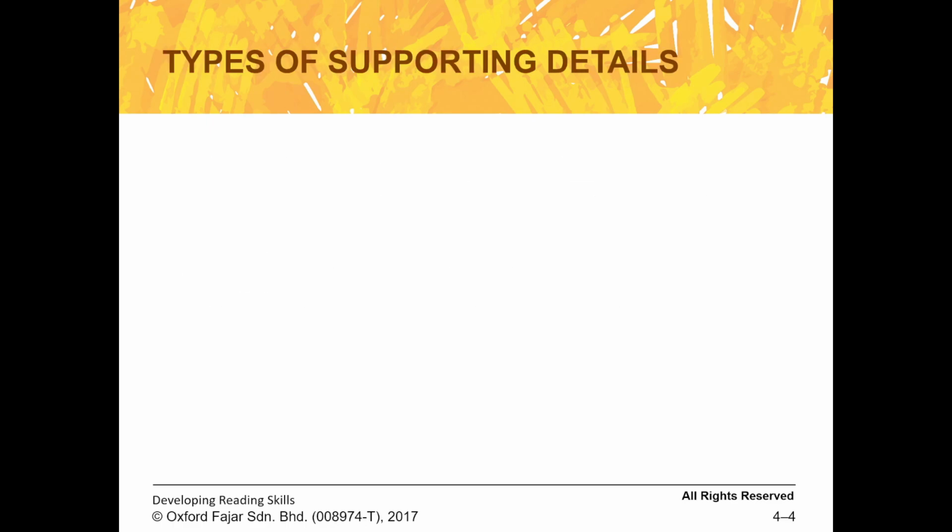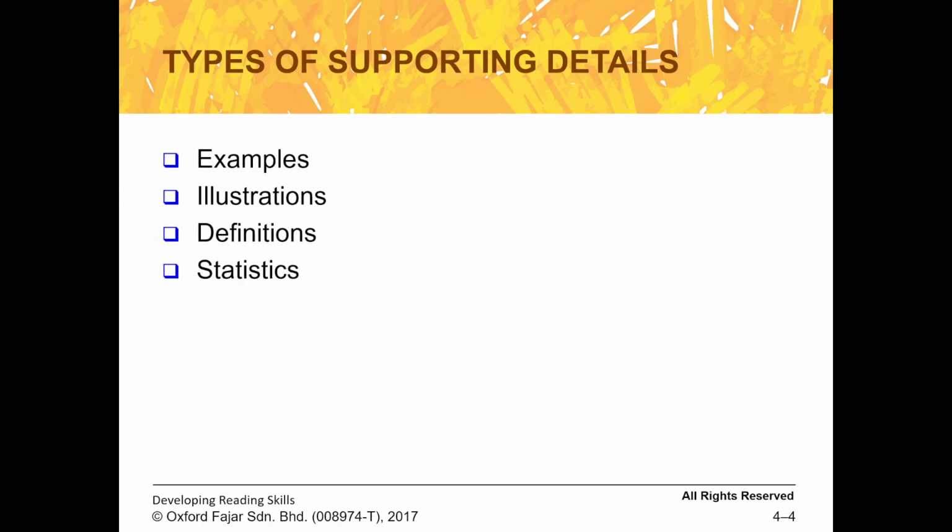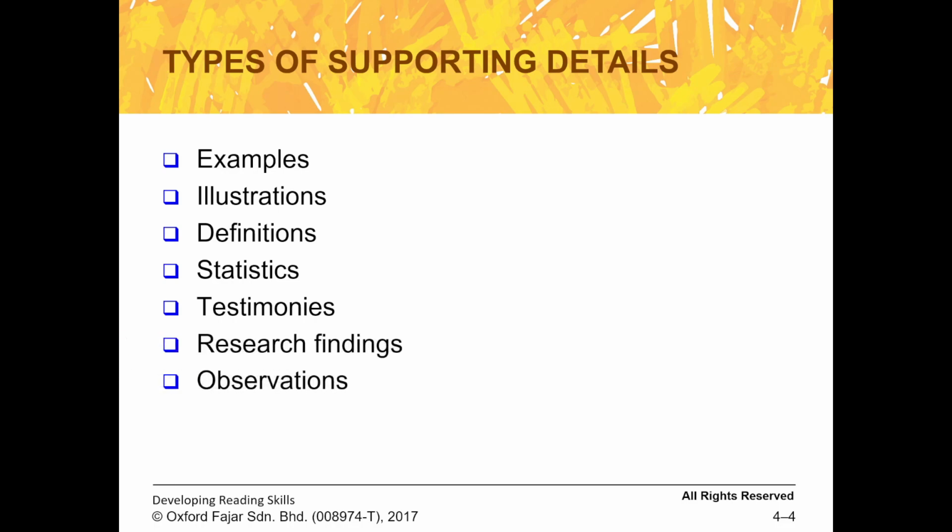Then let's look at the types of supporting details. There are several types that you usually use whenever you are writing, reading, or even speaking. Right, so the first thing is examples, and then we have illustrations, definitions, statistics, testimonies, research findings, observations, personal experiences, and historical data.